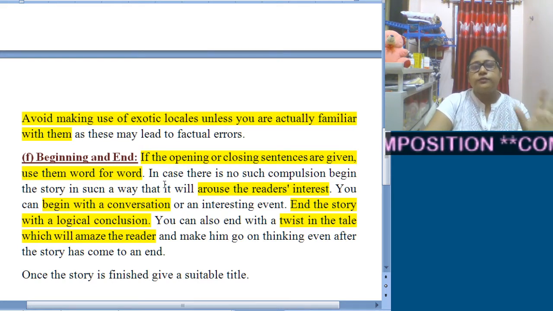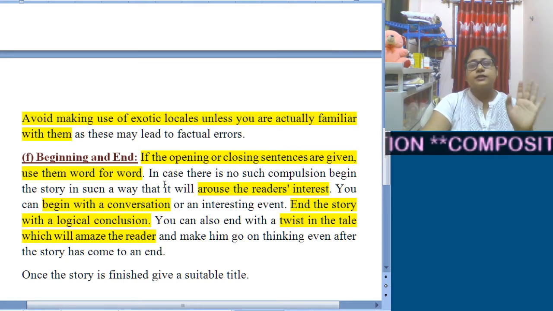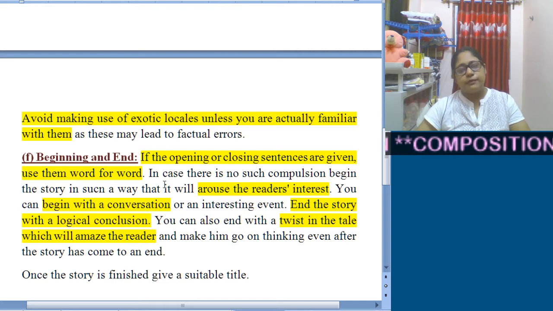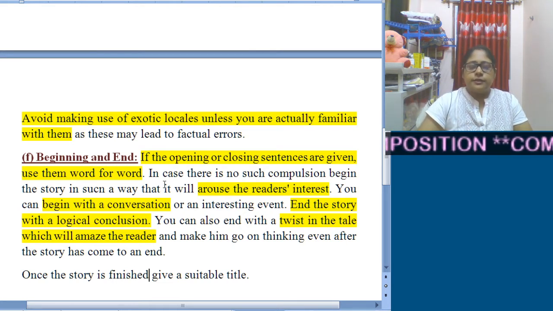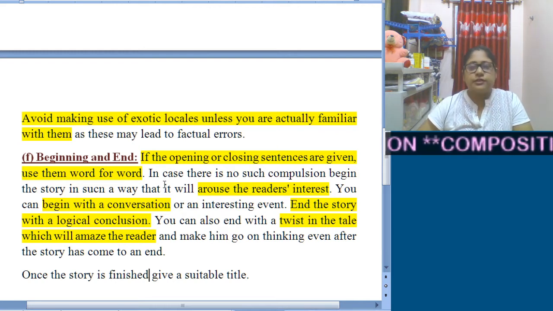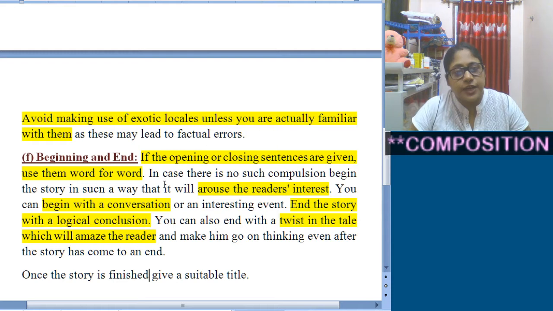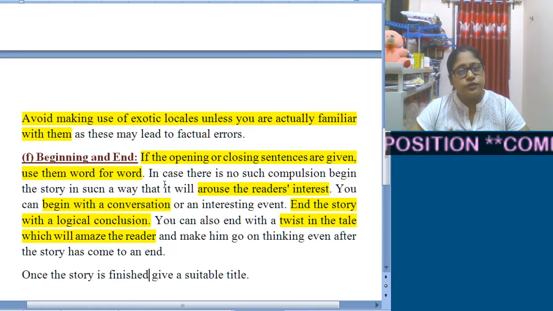Now if you are not provided with such words or sentences, rather you are asked to write a short story that will have, say, 'charity begins at home' as your main point or central theme, then you have the freedom to start your composition in your own style.